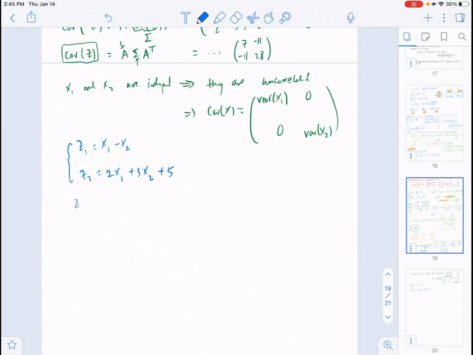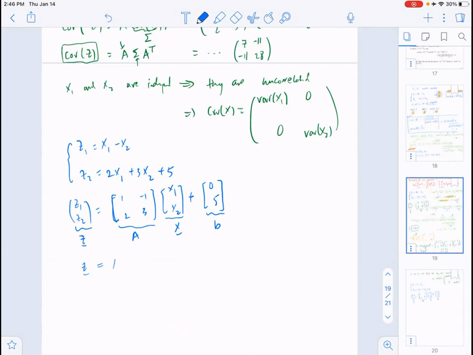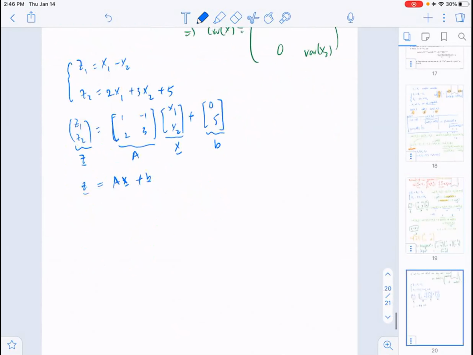I can write this as Z1, Z2 equal to [1, -1; 2, 3] times X1, X2 plus [0, 5]. I'm going to call this B. So we have Z equal to AX plus B, where B is constant, A is constant, X is random. So can I say something about the covariance of Z?